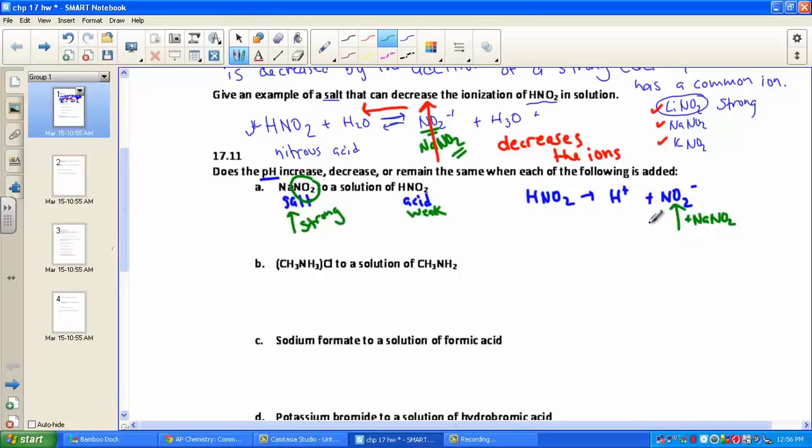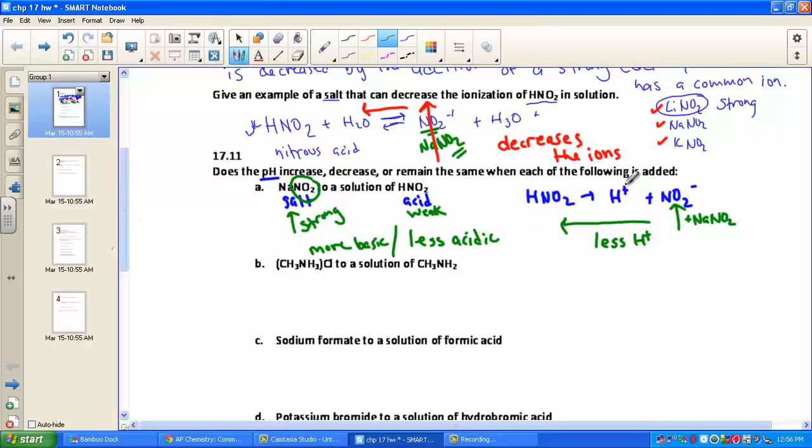The addition of a common ion forces the equilibrium left, and if I go left, we have less hydrogen ion in solution, so it becomes less acidic, or you can also call that more basic.